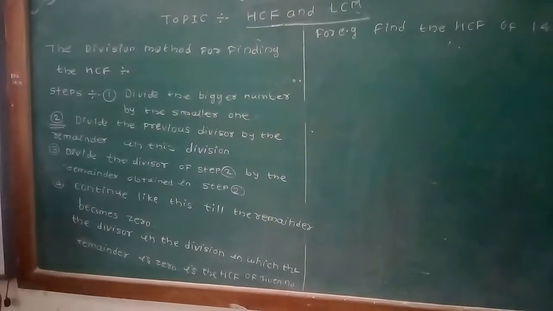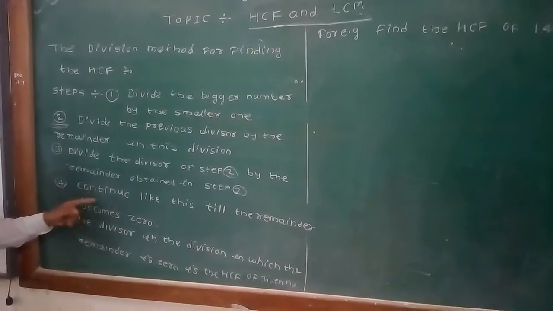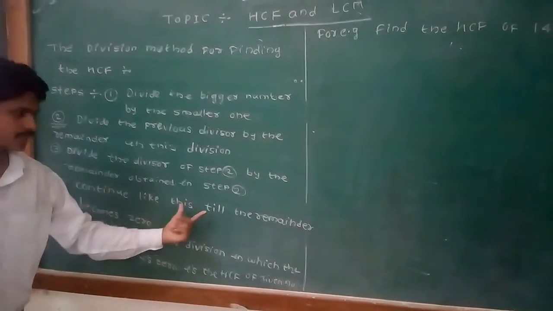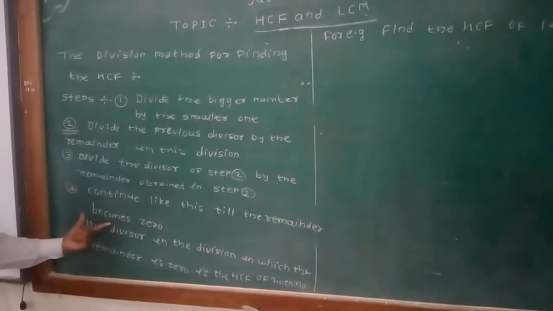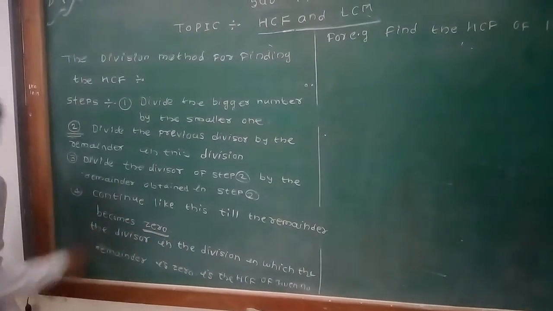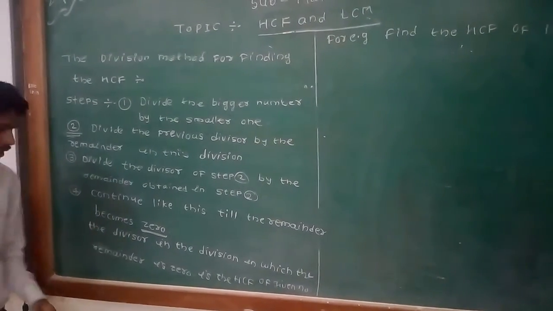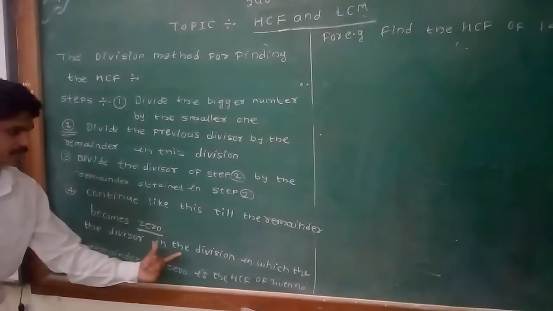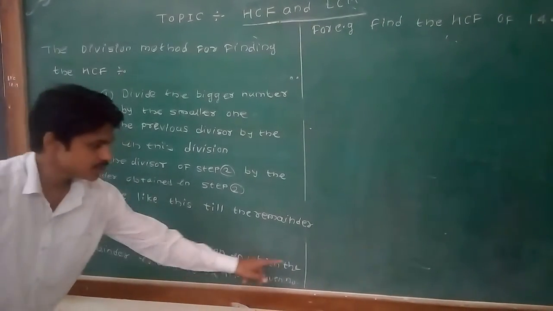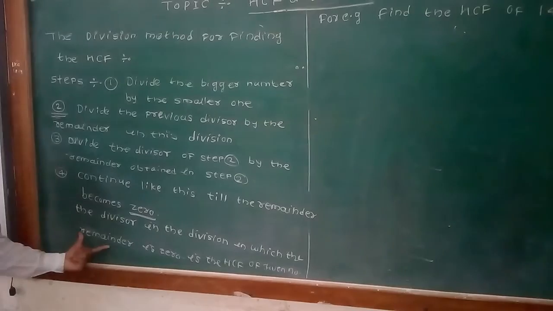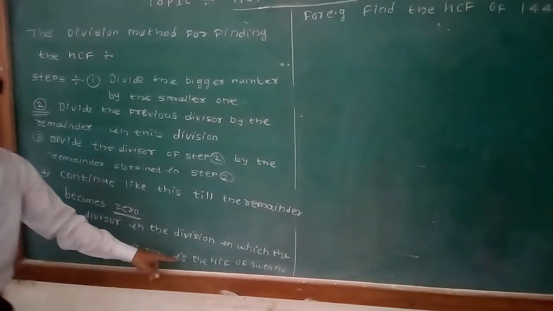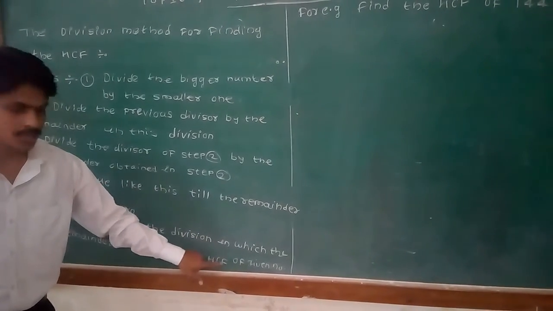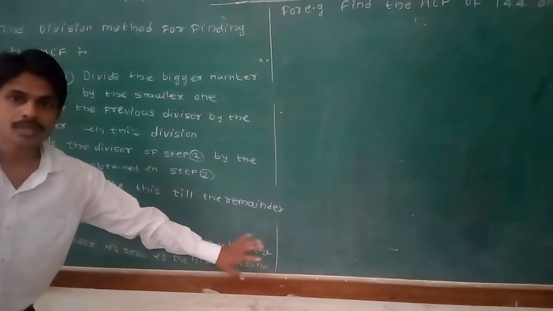And the last step is to continue like this till the remainder becomes 0. The divisor in the division in which the remainder is 0 is the HCF of the given numbers.